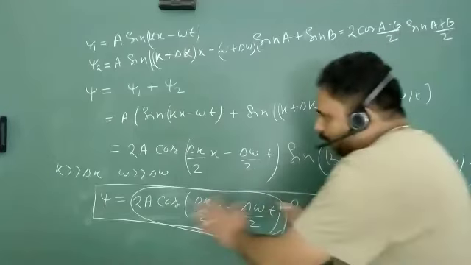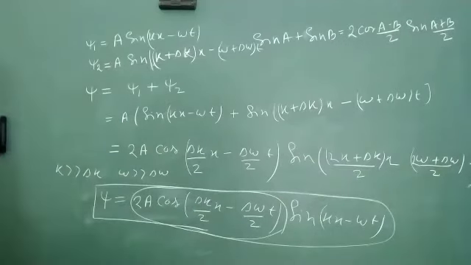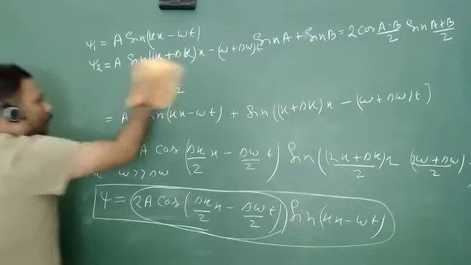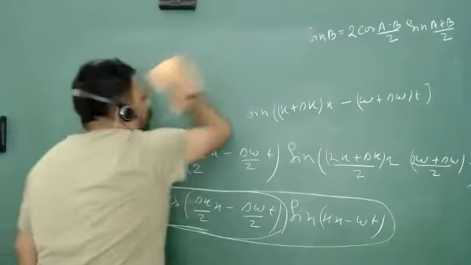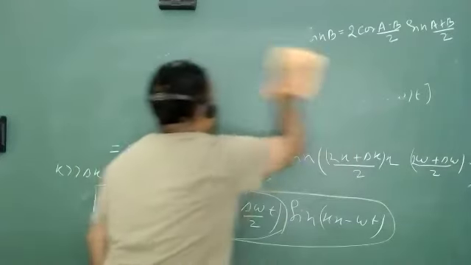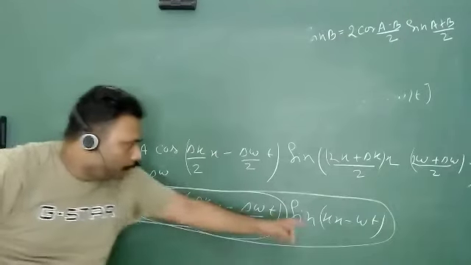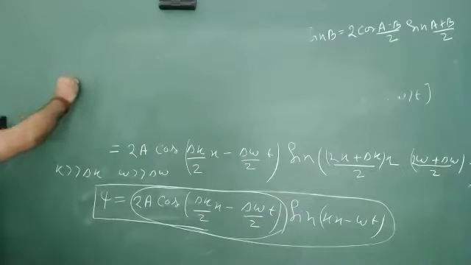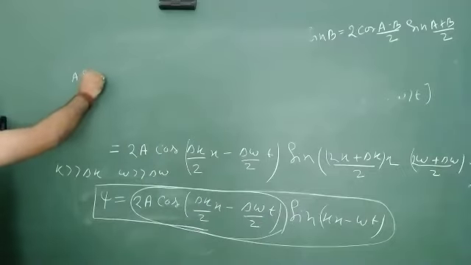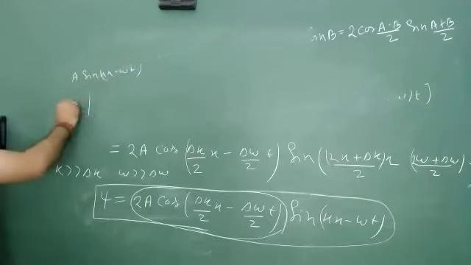And if you see the pattern, what will it be when we plot this curve? How will you plot a sin(kx minus omega t)? Something like this.